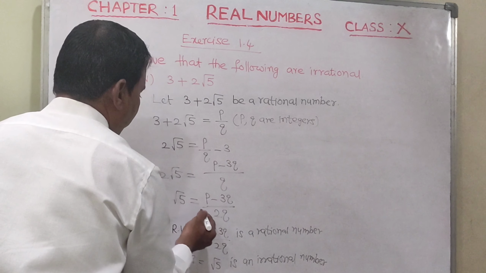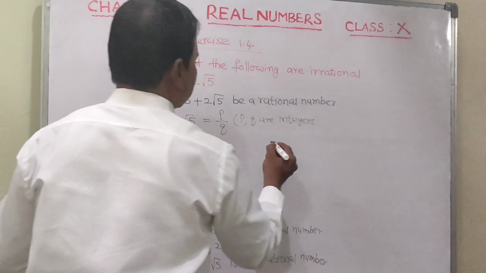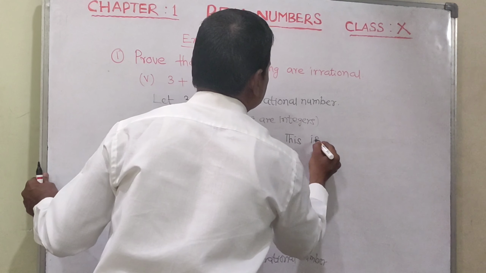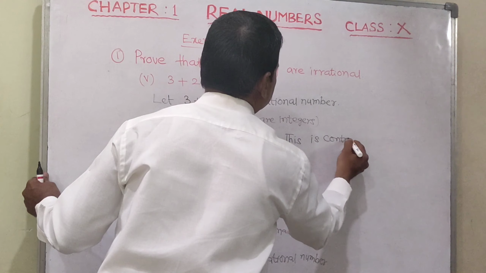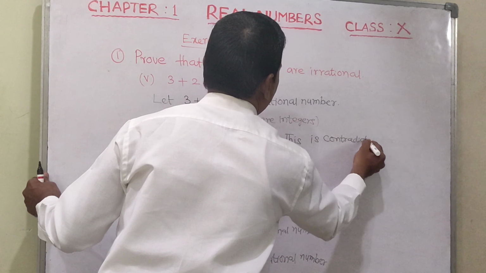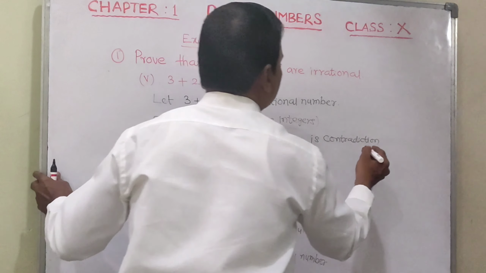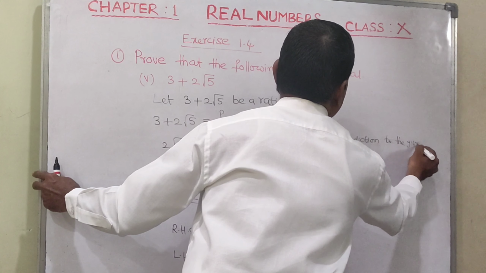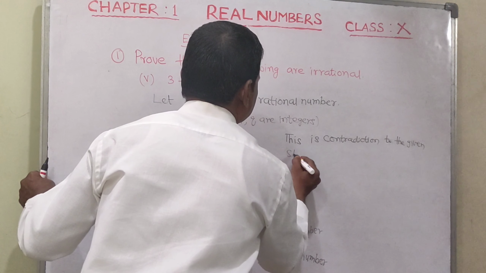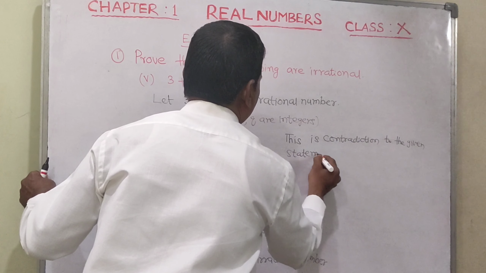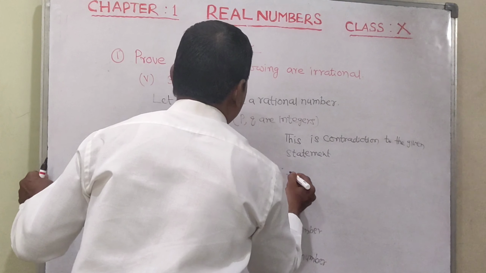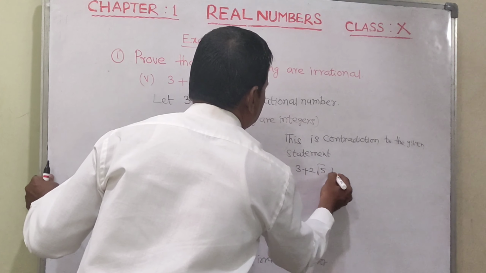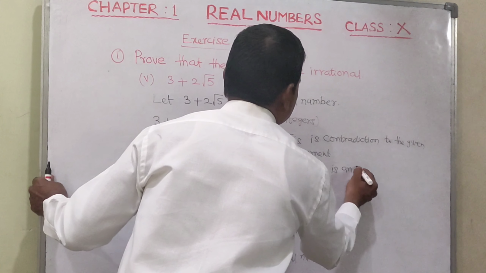A rational number cannot be equal to an irrational number. So, this is a contradiction to the given statement. So, what do we conclude? That 3 plus 2 root 5 is an irrational number.